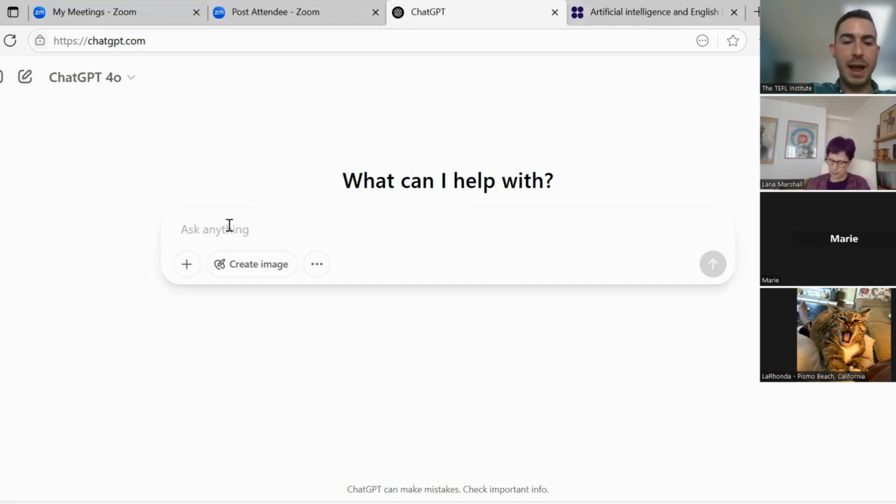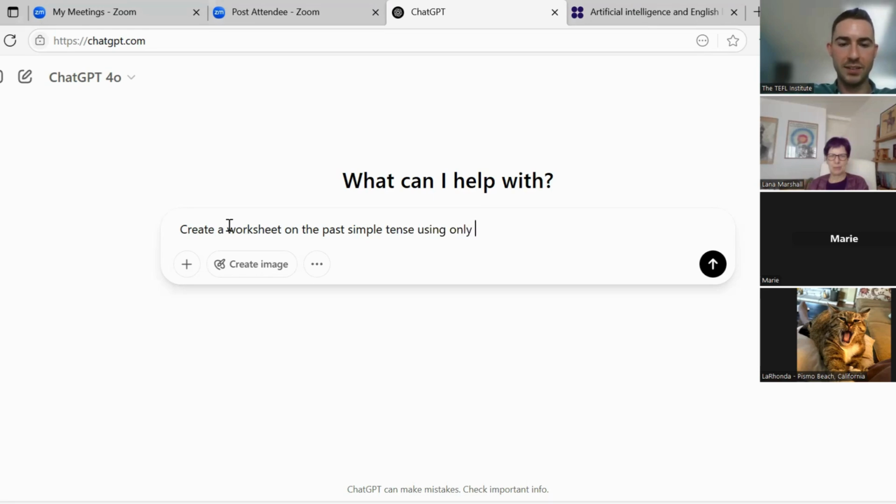So let's say, for example, our students are learning about the past simple tense. Create a worksheet on the past simple tense. Let's say they're only learning about regular verbs. We don't want them to focus on irregular verbs yet.